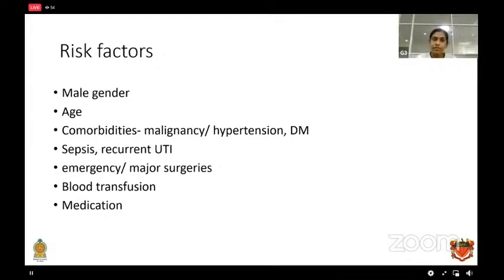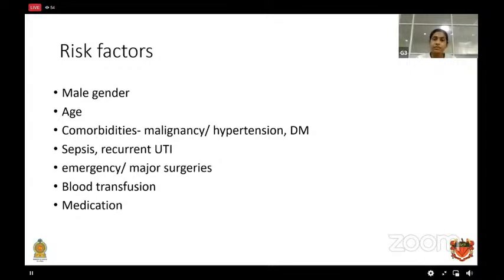Talking about malignancy, it is now very common. Sometimes malignancy itself can cause kidney damage. Sometimes there are chemotherapy and surgical interventions.